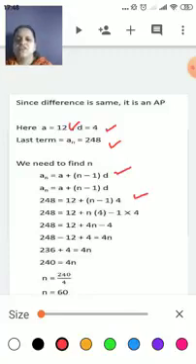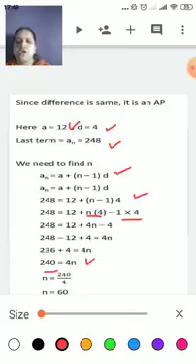If you want, first shift the number 12 over there and divide by 4, or multiply by 4 and simplify. Anyhow you can do it, you will get the same answer. Now if I multiply by 4 over here, I am getting n into 4 minus 1 into 4. So 248 equal to 12 plus 4n minus 4. So 12 minus 4, if you shift both the terms to the other side, you will get what?